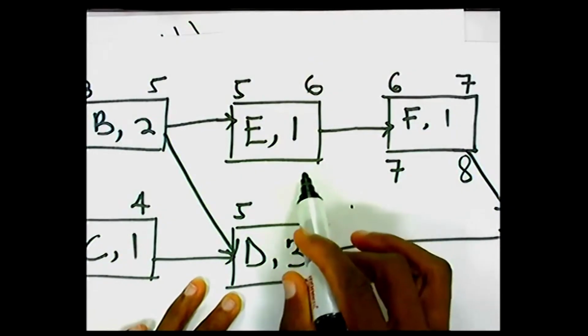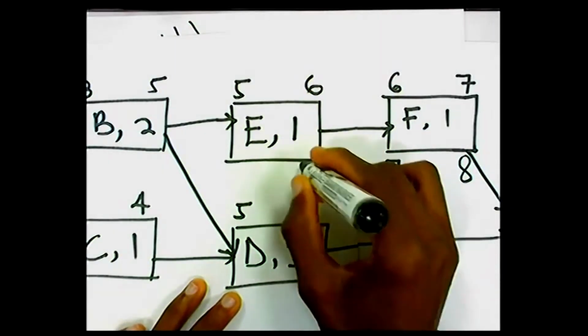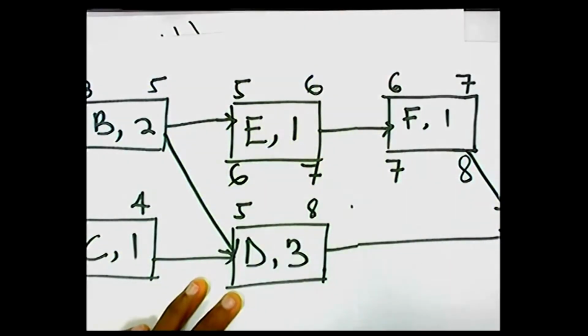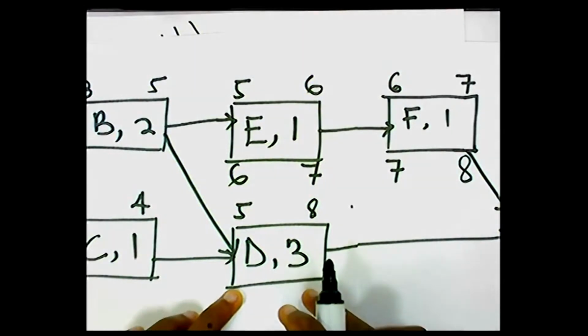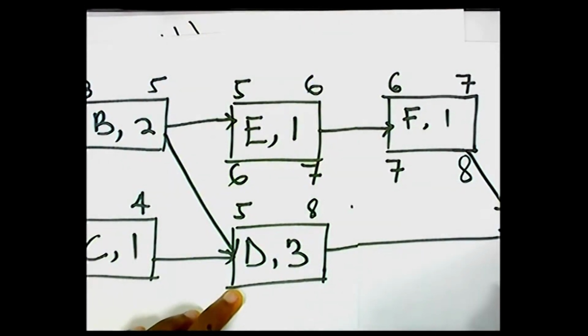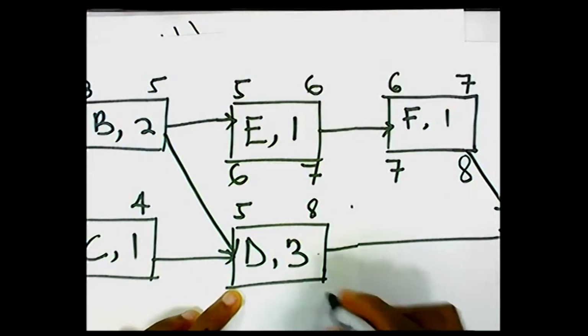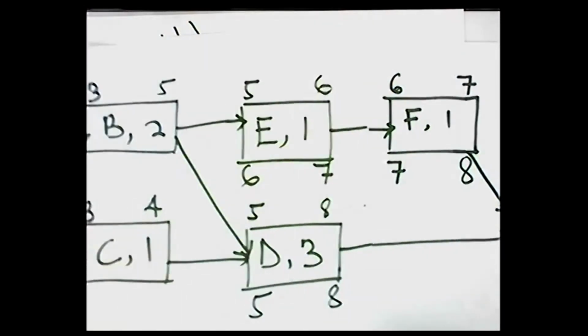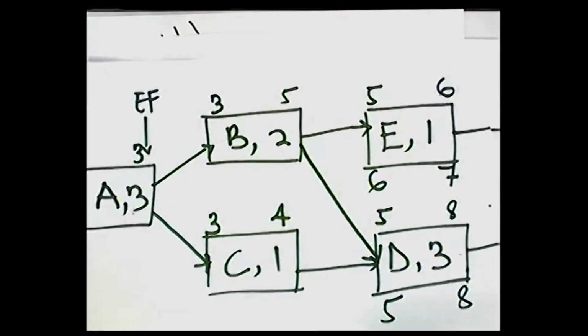That becomes the latest finish time for activity E. So 7 minus 1, we have 6. And then when we come to activity D, there's only one arrow from G coming into D. So the latest start time here will be 8, and 8 minus 3, we have 5. I guess things are getting easier and easier.